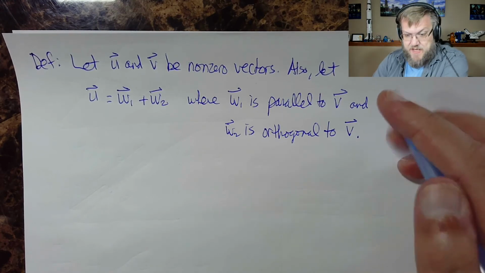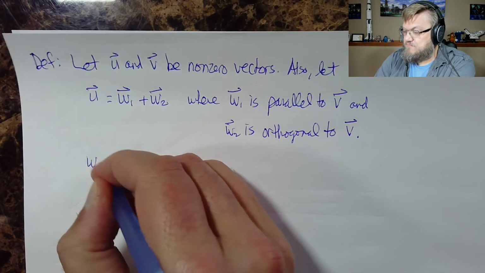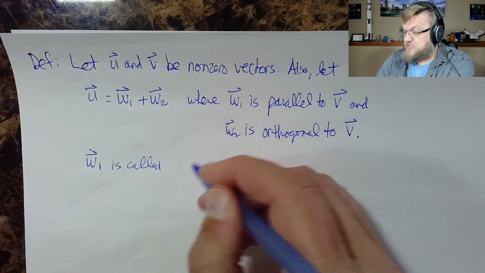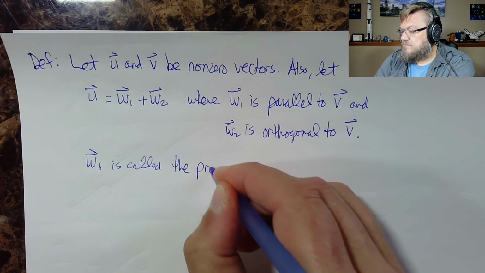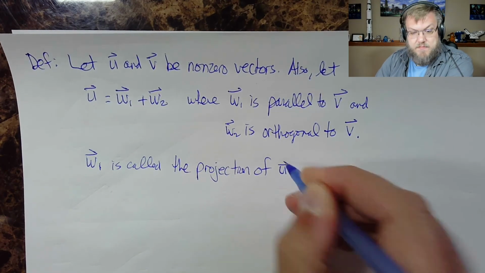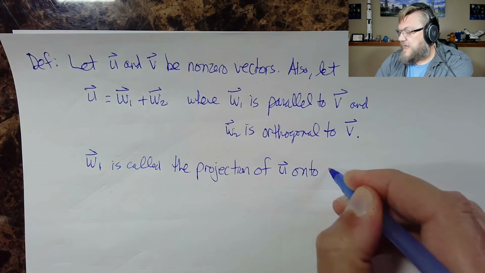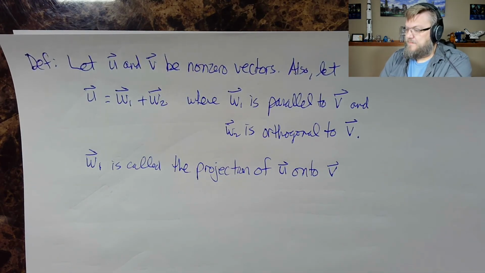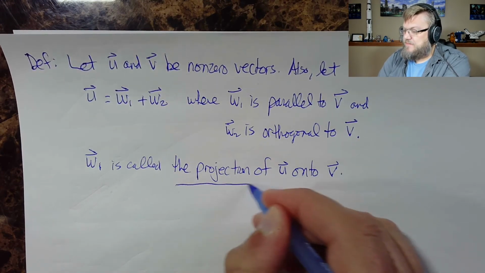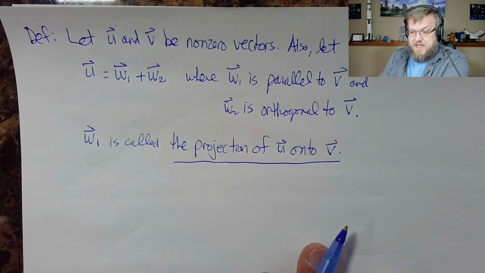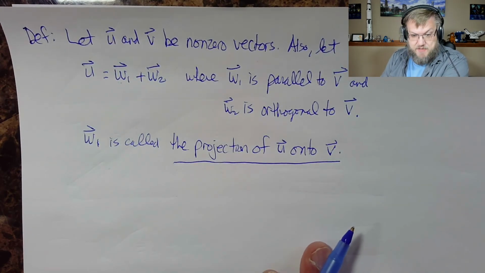But let's name these. W1 is called the projection of vector u onto v. The projection of vector u onto v. That's the w1 part. And of course, we have a shortcut notation in math.